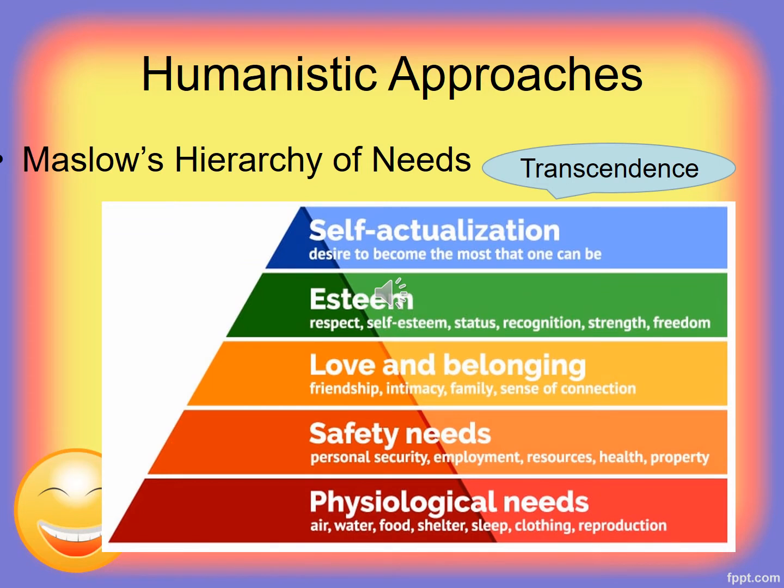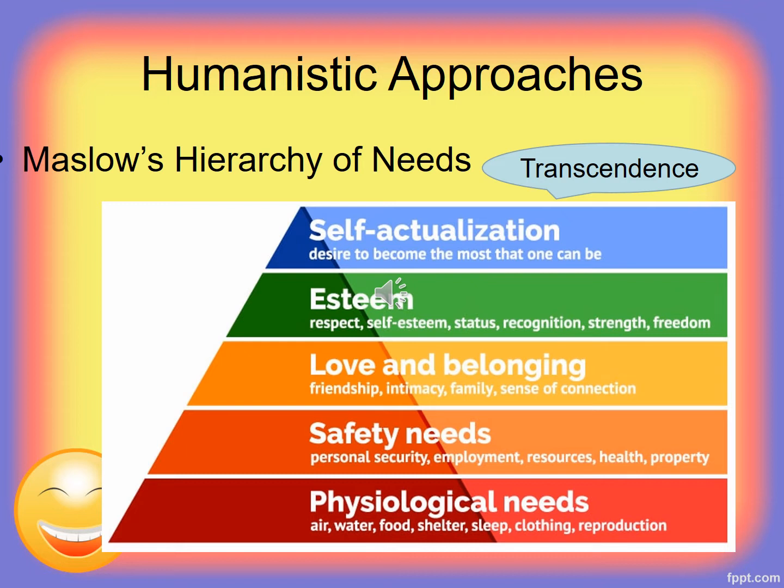The next approach that explains motivation, I believe this hierarchy is quite familiar, and especially in the future it will come to you from time to time. This is Maslow's hierarchy of needs. It actually tells us that our needs in life can be ranked in a hierarchy.